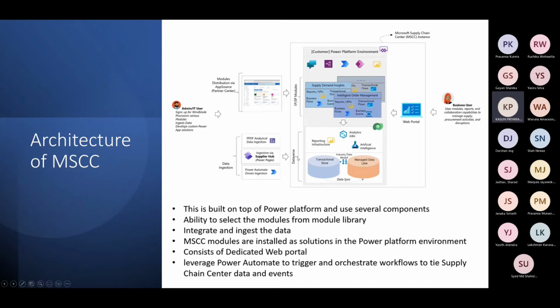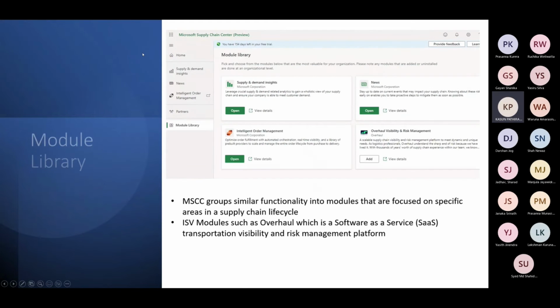Here you have the transactional store, managed data lake, and artificial intelligence reporting infrastructure. There's also the web portal, which business users use for modules, reports, and collaboration. There are a lot of collaboration capabilities that come with that with your partners. So that's the architecture.